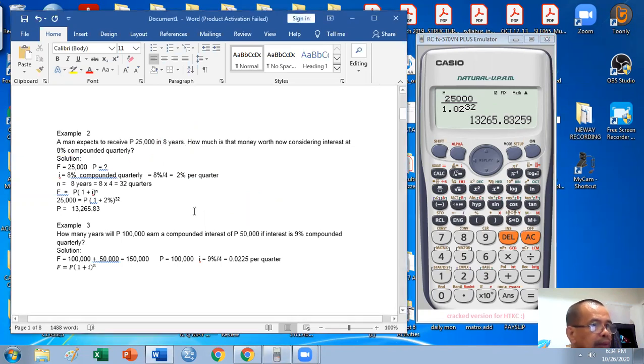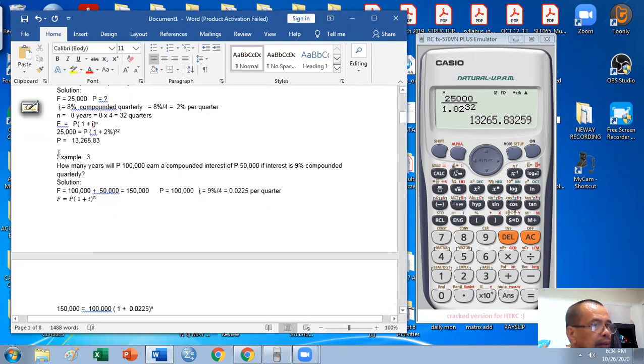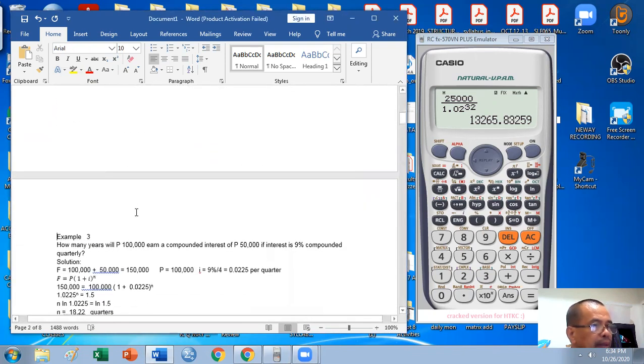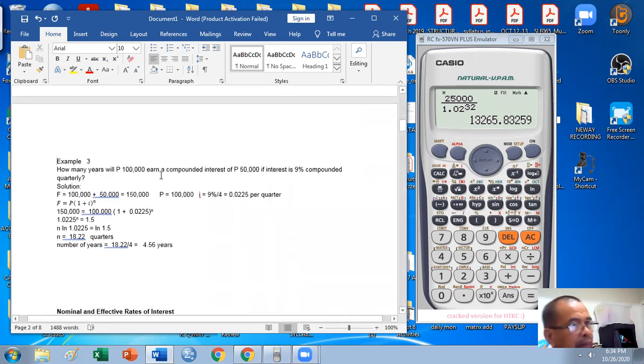Next, example 3. All right. How many years will 100,000 earn a compound interest of 50,000 if interest is 9% compounded quarterly? Ibig sabihin, apat na interest period din.